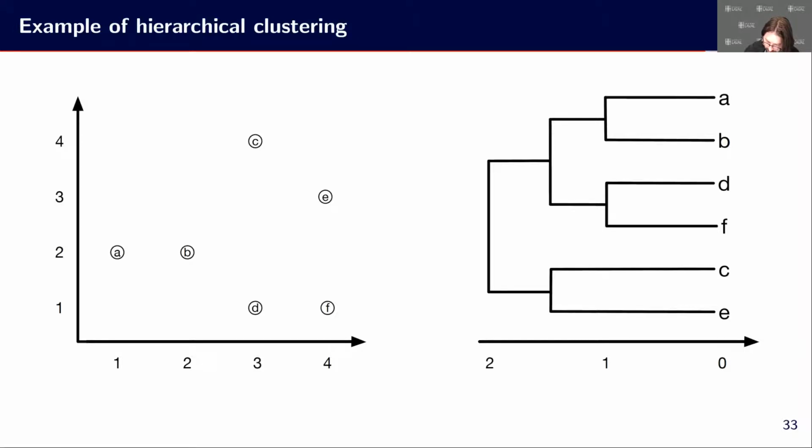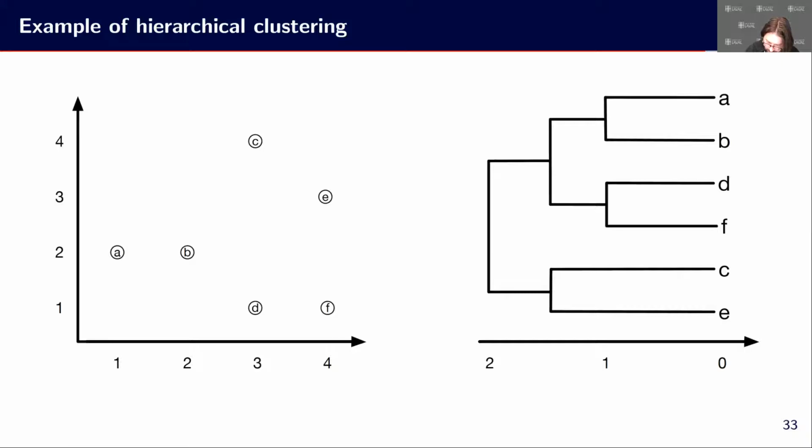We have all the letters, each corresponding to one sample: A, B, C, D, E, F. And on the x-axis is the distance between these groups. We can see that at distance 0 there are six groups, one per sample. But at distance 1, something is going on.